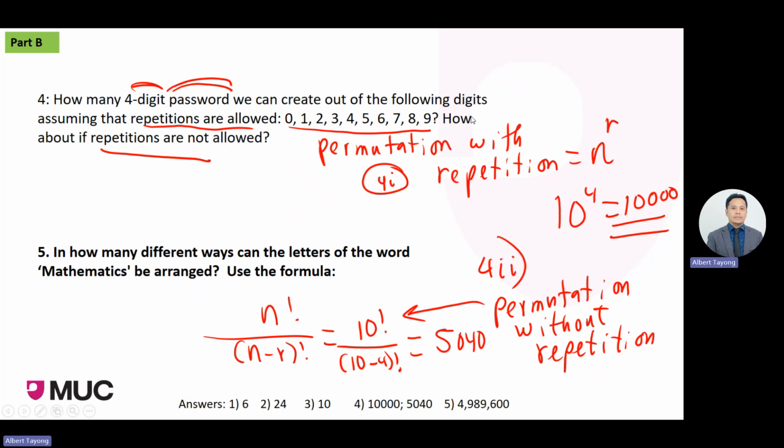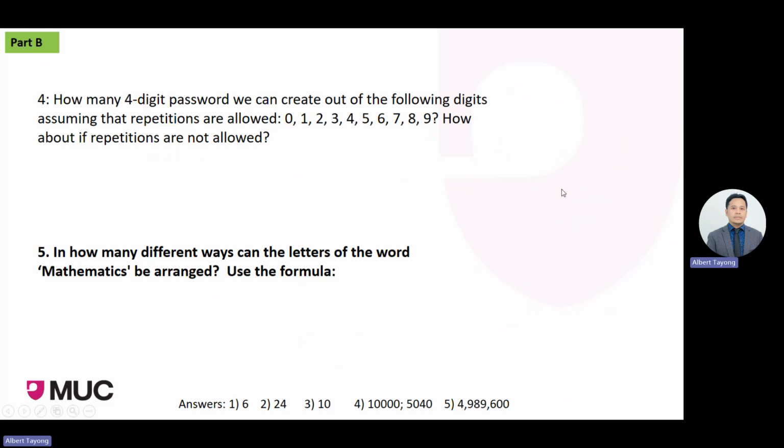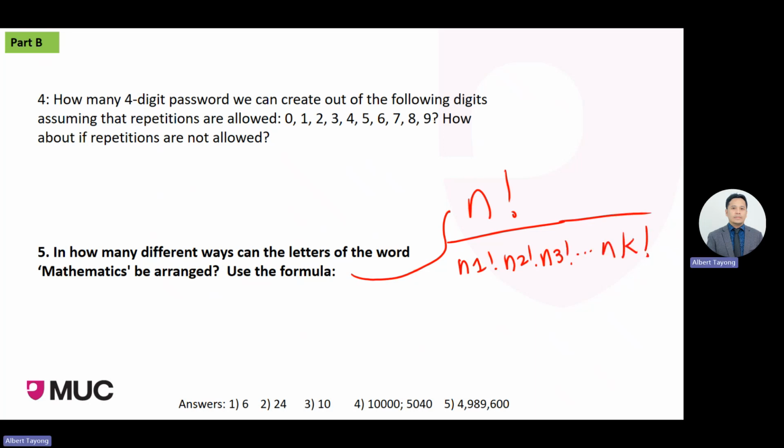Let's go to number 5. How many different ways can the letters of the word mathematics be arranged? So this one, as I said, the formula is n factorial over n1 factorial times n2 factorial times n3 factorial until the last nk. So mathematics, let's try to rewrite this.